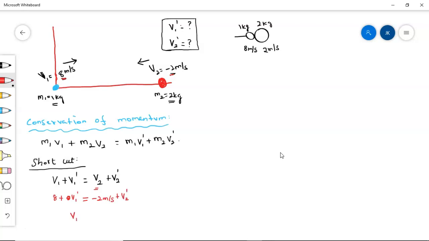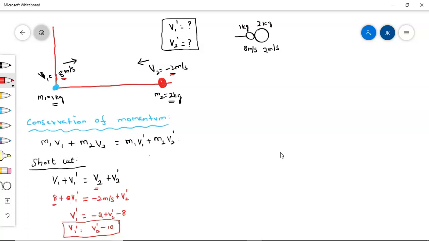Now I want to substitute v1 prime, so I take this as the subject and shift the 8 meter per second to the other side. So minus 2 plus v2 prime, the sign changes, so v1 prime is equal to v2 prime minus 10. We can keep this value for later substitution.